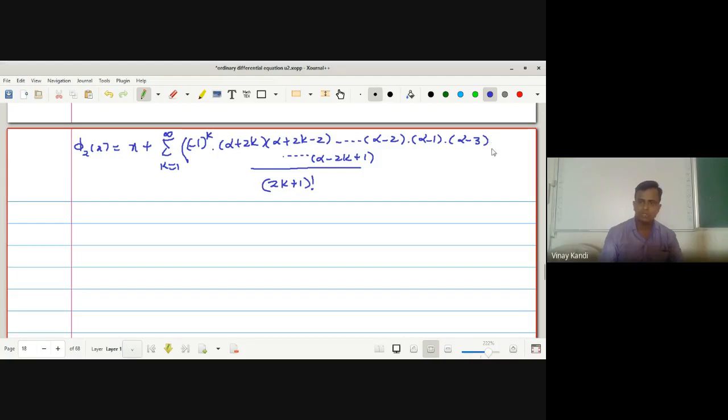This whole bracket is multiplied by x raised to 2k plus 1. So this is our phi 2 of x.